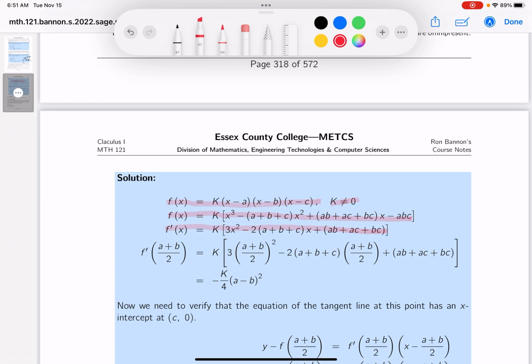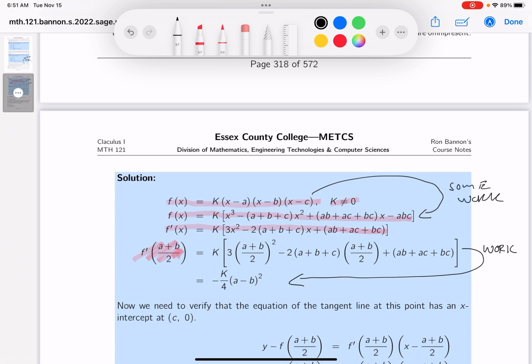And then I evaluate the derivative at this value here. Now granted, this took some work. I'll put down some work here.